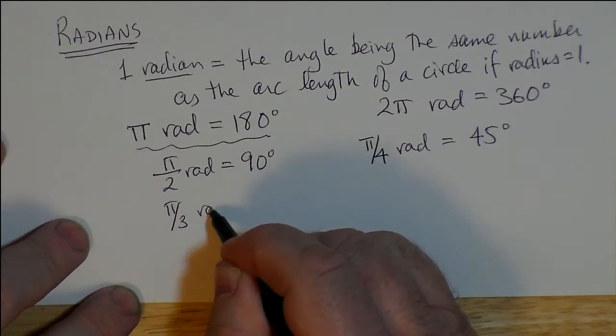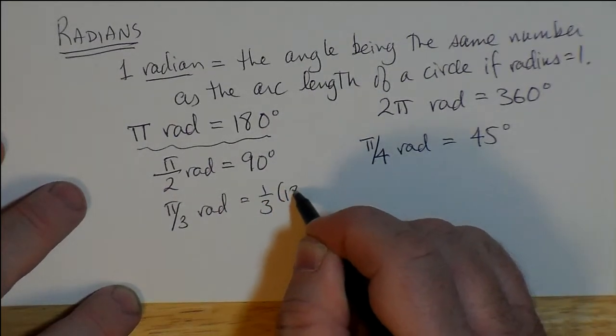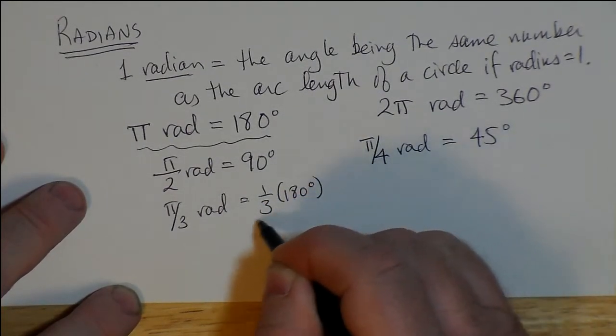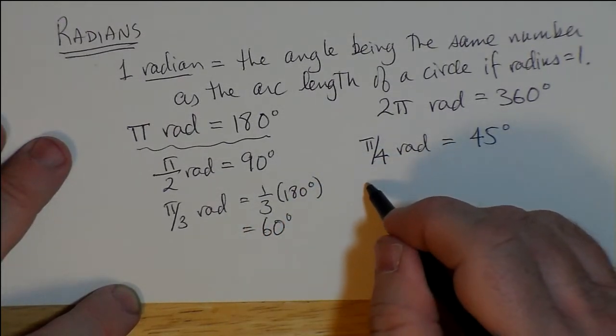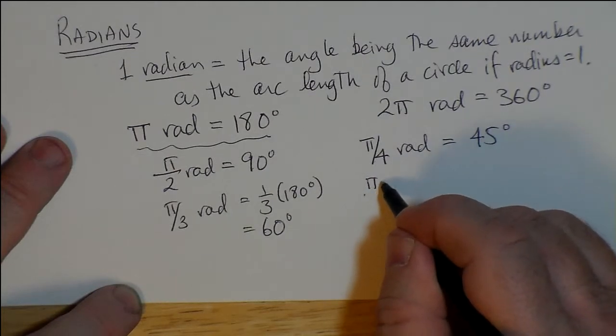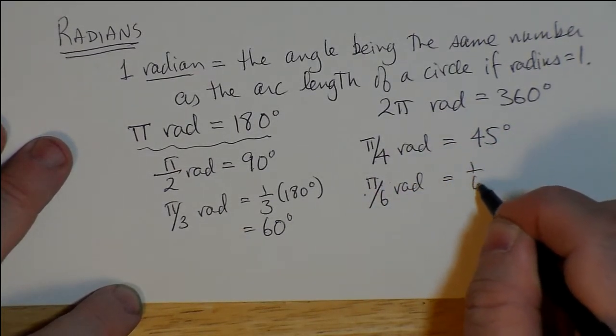Pi over 3 radians is 60 degrees, or 1/3 of 180. Pi over 6 radians is 30 degrees, or 1/6 of 180.